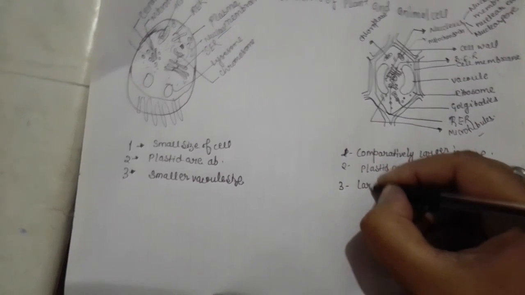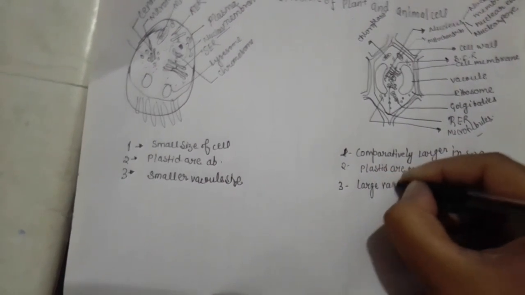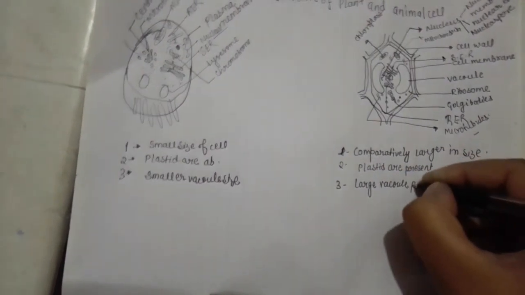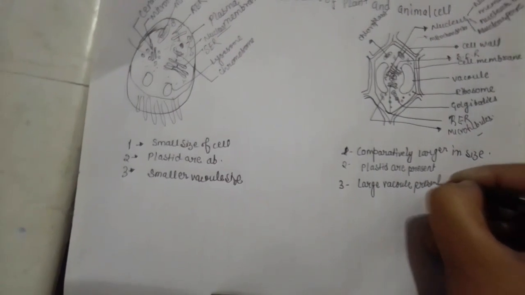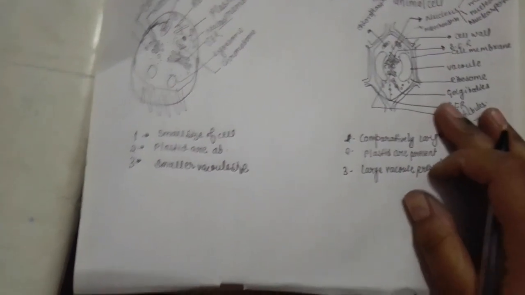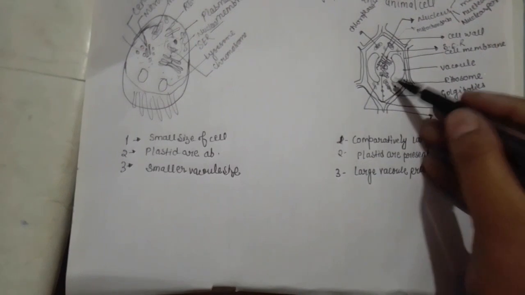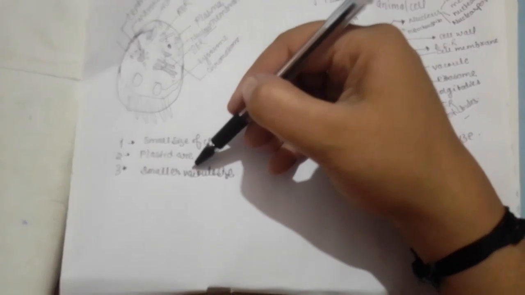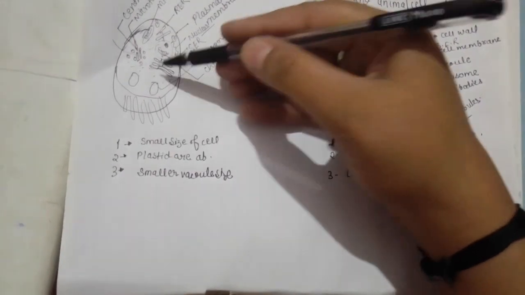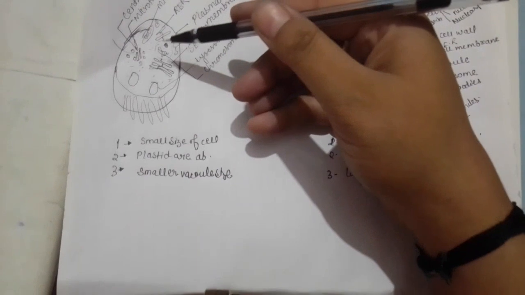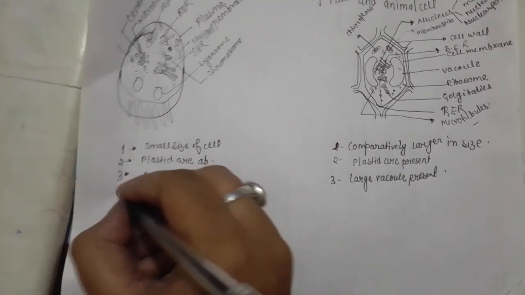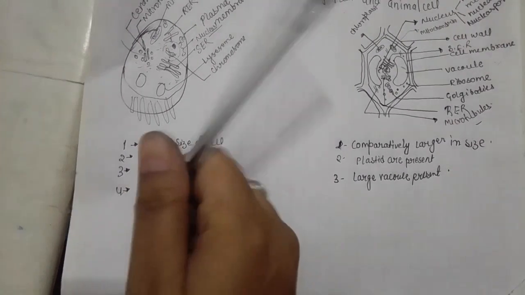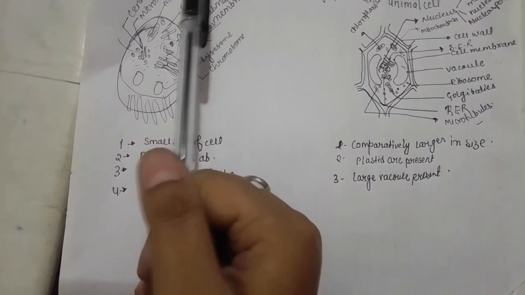So a large vacuole is present, and that vacuole always occupies the center part, as you can see here. And here the vacuole is sometimes present in a smaller size and sometimes actually negligible. Clear?